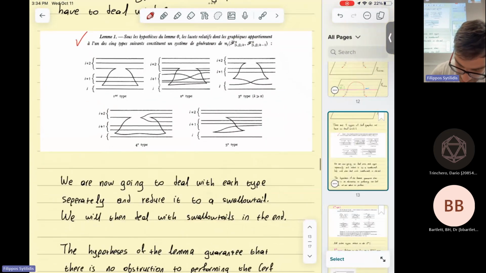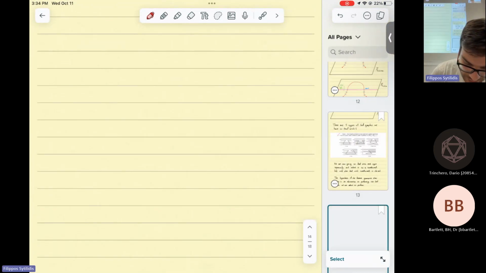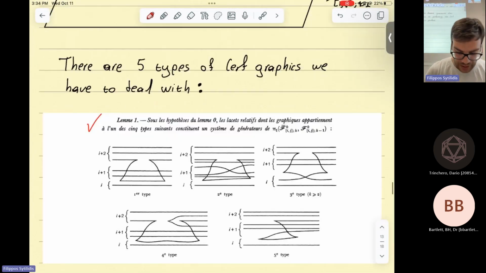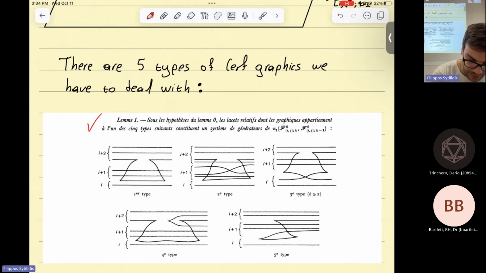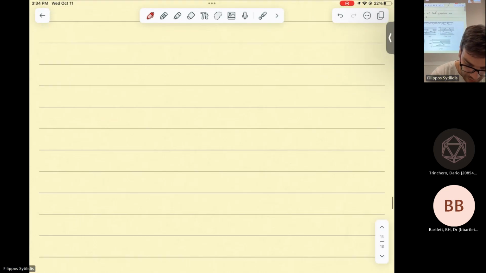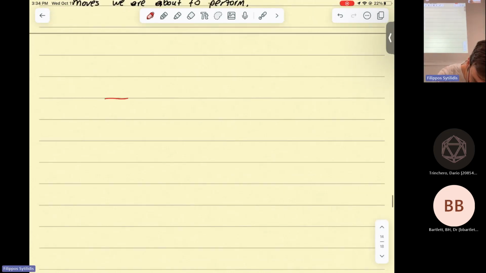Okay, I'll introduce a page. Let's see if I can draw here. My drawings are going to be very bad.